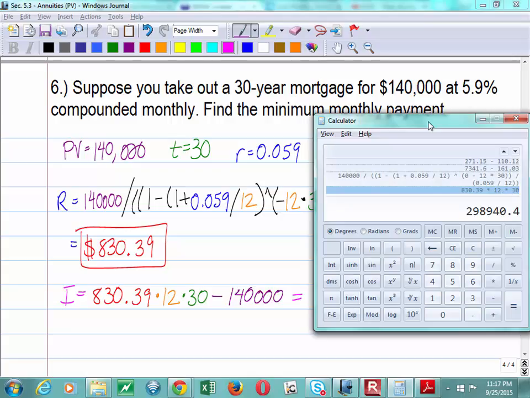Well, hey, look, there is how much we total paid for that house. We paid $300,000. So we actually paid double.